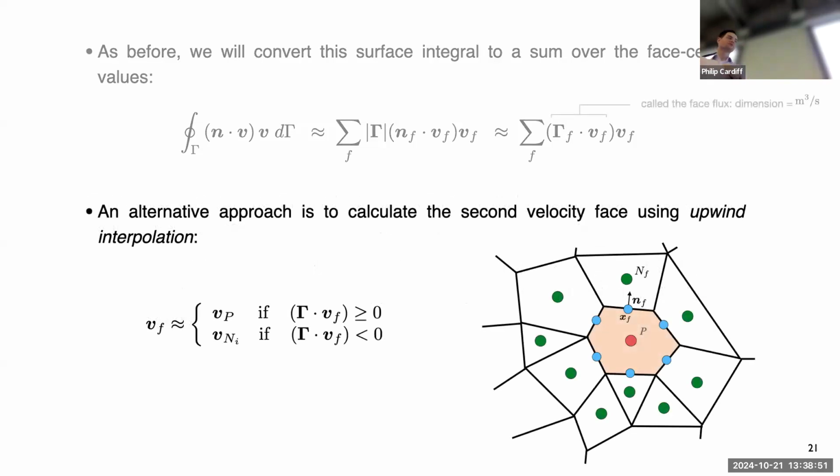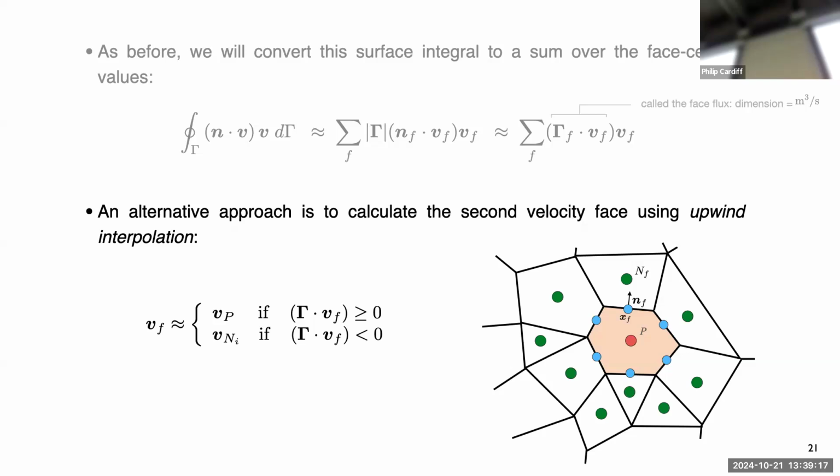One approach that is very stable is called the upwind method. If we take this second velocity here, the flux, the first will just be averaged. But for this second velocity, the idea is you check which direction the flux is at this face. By flux, I mean literally the direction of velocity flow, which way the mass is flowing.